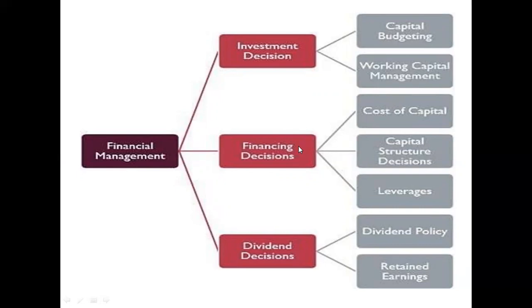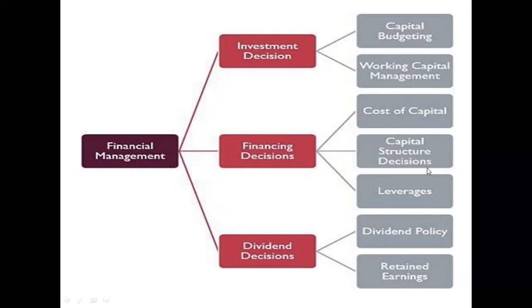The financing decisions include the cost of capital. What is the cost of the capital? Then it has capital structure decisions, that is the finance-related decisions. Where to invest the finance, in which bonds it should be invested, how much return we would get from it, and what rate of interest we would invest at, so that we can have a good rate of return.